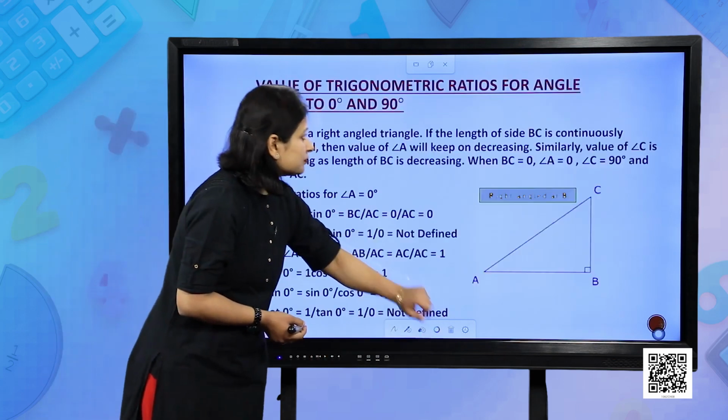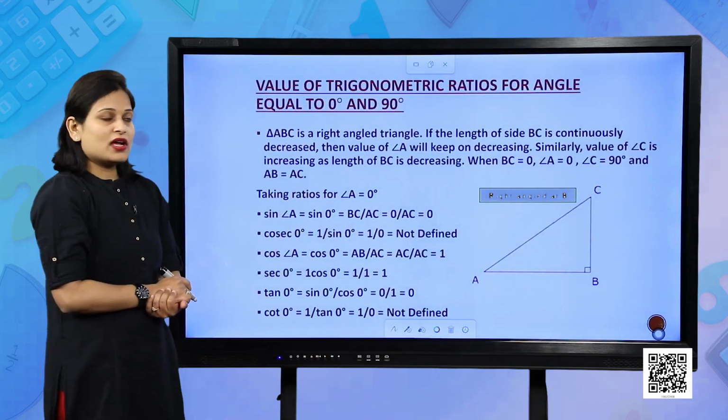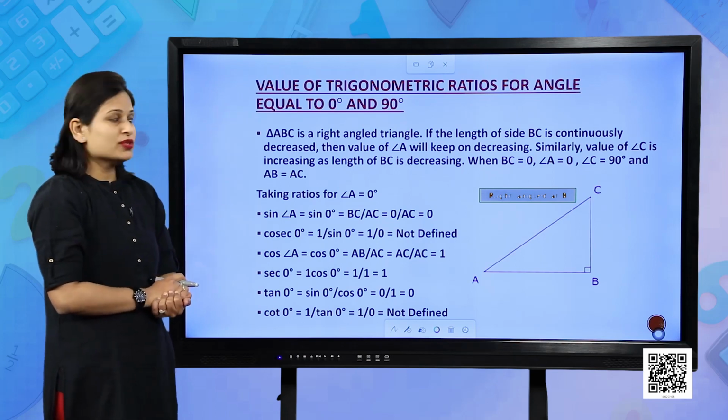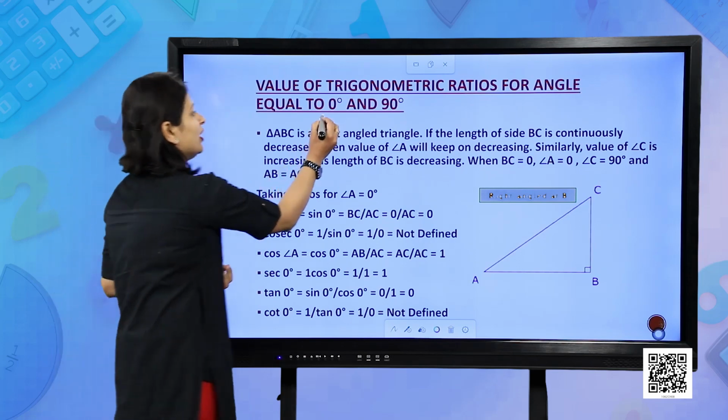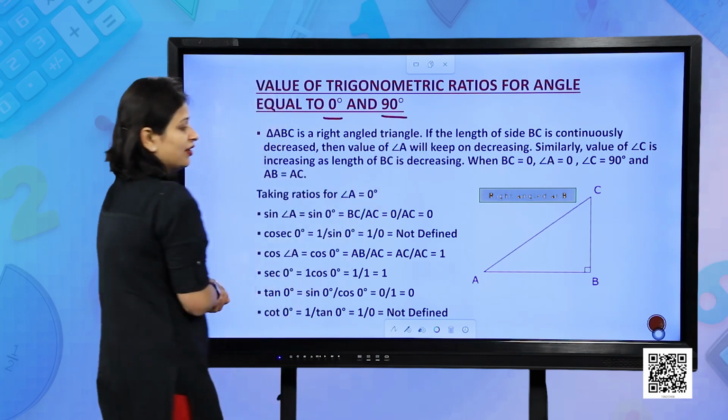So, now we are going to discuss the value of trigonometric ratios for angles equal to 0 degrees and 90 degrees.